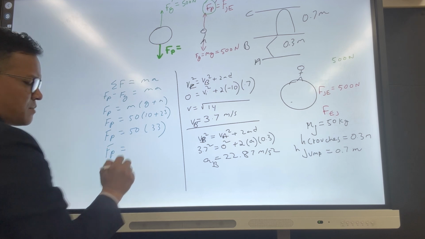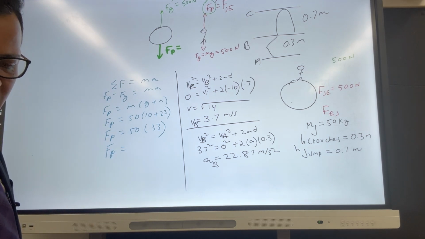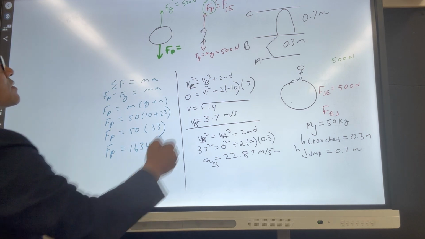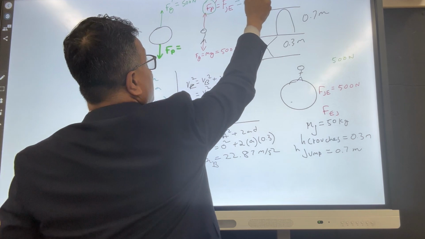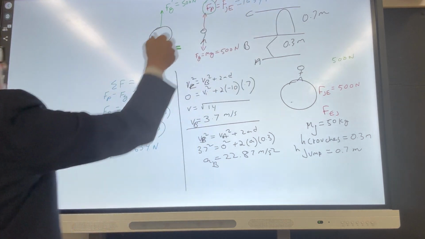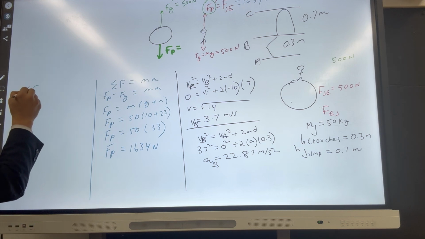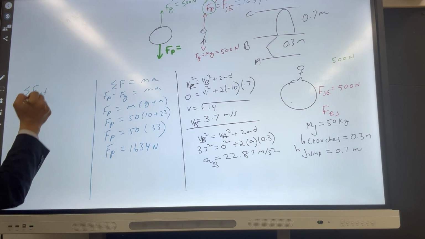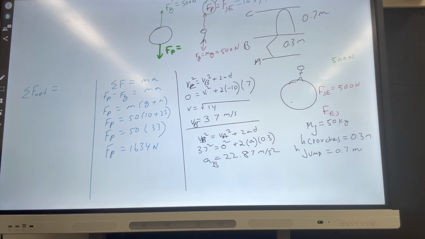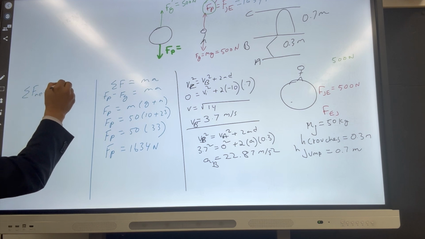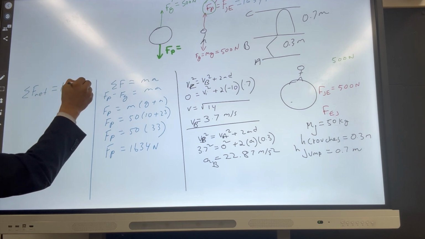So Fp is how much? 1634 Newton. So you know this one now, 1634 Newton. Now, what is the net force? F net is 1634 minus 500.